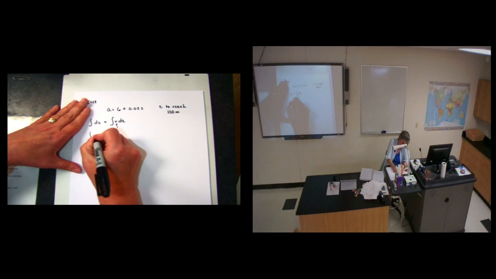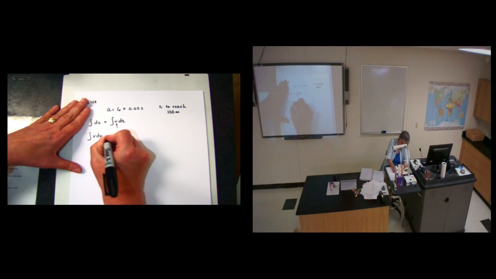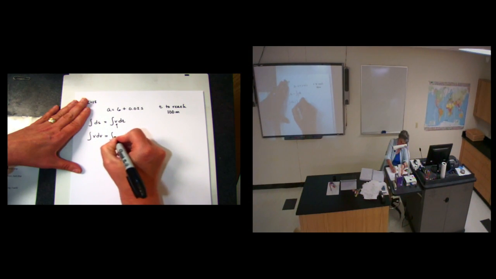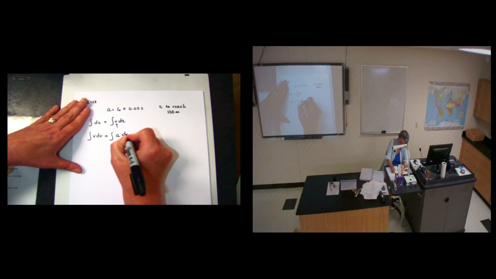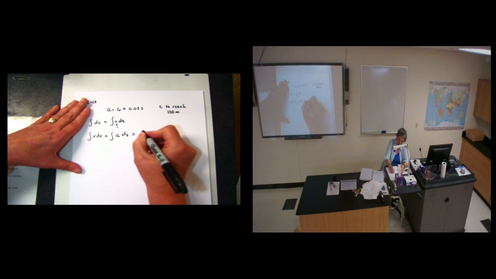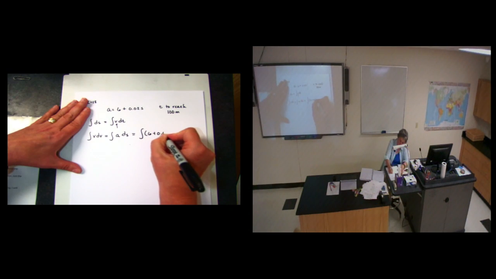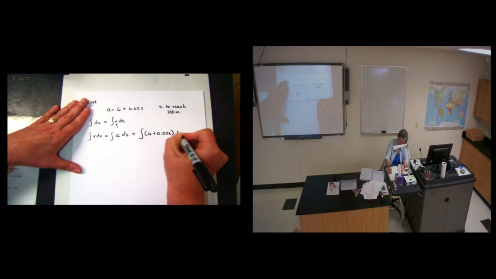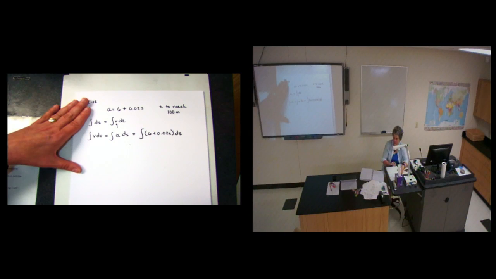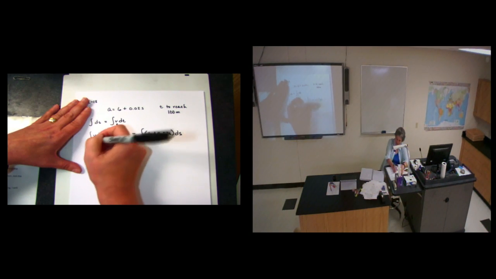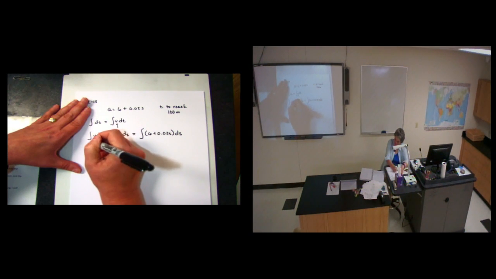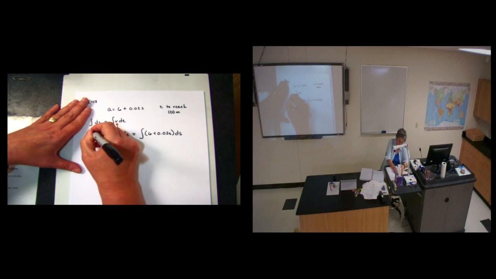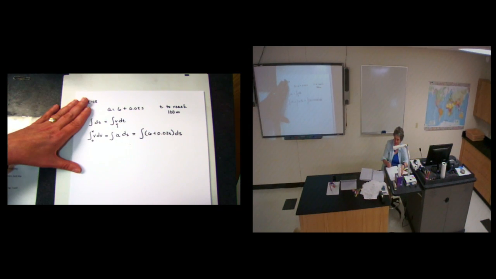First thing we want to notice is that this is a function of s, and I'm in the dt integral, so I've got to get this over here. So I'm going to get my ds over (12s plus 0.02s squared) to the 1/2 is equal to the integral of dt, which is going to give me t.